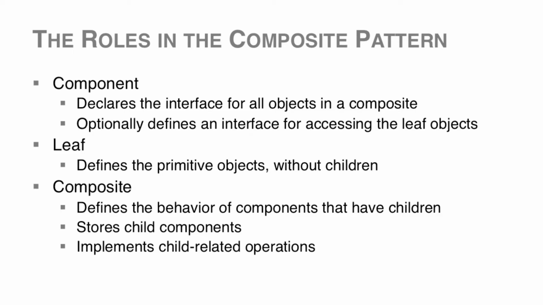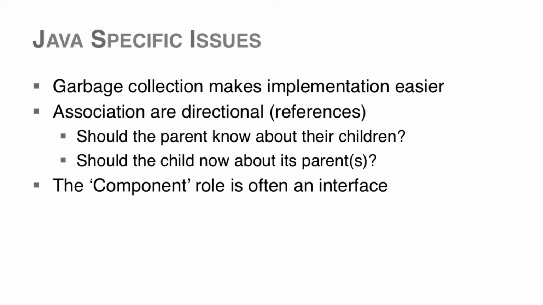In Java, we have some specific issues when it comes to implementing the composite pattern. First of all, we have the advantage of garbage collection. And that often makes these graph structures a lot easier to implement than, say, in a language like C++. Another issue we need to wrestle with is the associations and their direction.